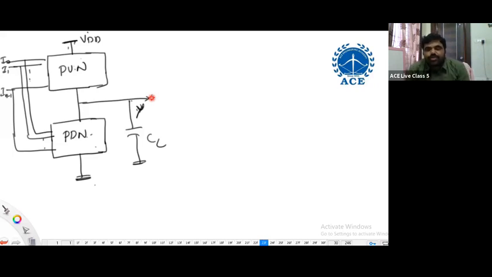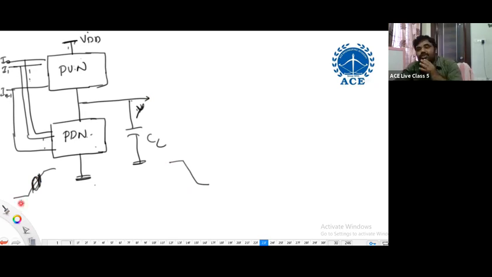And when inputs and outputs are switching, there is a possibility of seeing both the N-channel MOSFET and P-channel MOSFET on for a very small duration. When inputs are switching like this and the output is switching, for example in an inverter, for a very small duration there is a possibility of switching on both the N-channel and P-channel MOSFET.